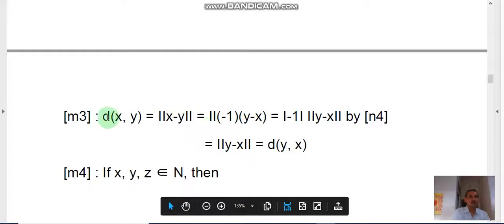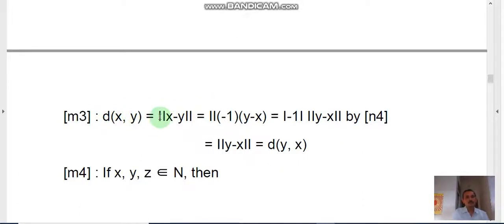For the third one, d(x, y) equal to norm of x minus y, and we take minus 1 common, then we obtain this as norm of minus 1 into (y minus x). Then we take the minus 1 outside by using the property N4.